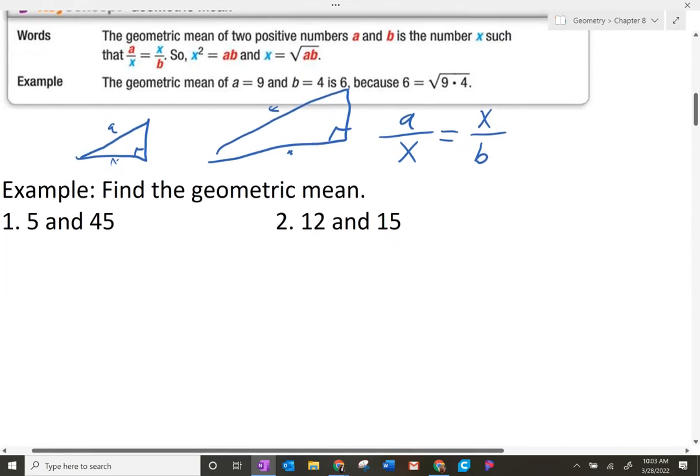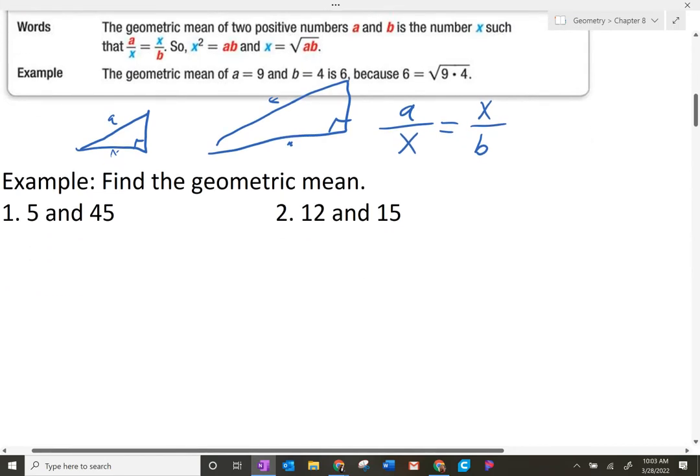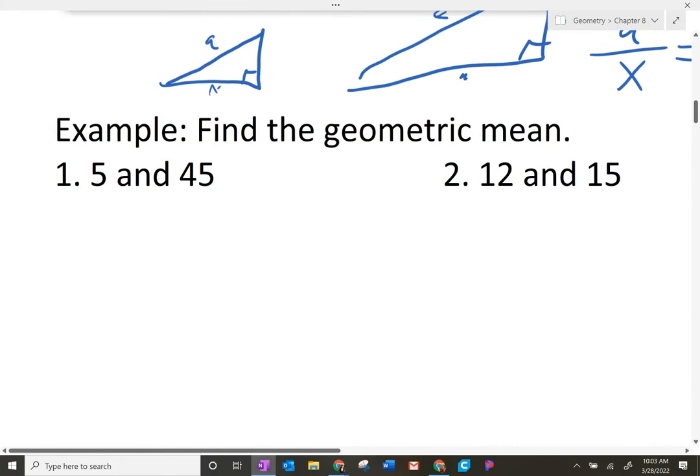So without getting too crazy into it, I'm going to look at the first two examples and I'm going to have you guys do a couple. These ones are not too bad, but again, you have to use something besides one of these calculators. So for me to find the geometric mean in the very first one, I've got 5 and 45. I'm not going to try to set it up as a cross product unless you really, really wanted to. But to find the geometric mean, I'm going to take 5 times 45, which is going to give me 225.